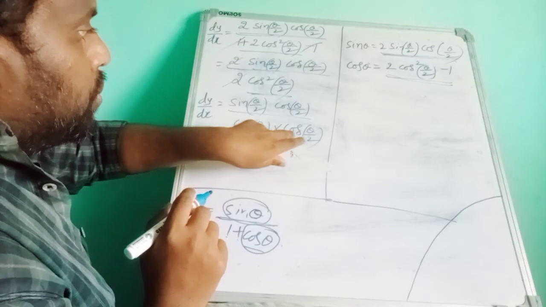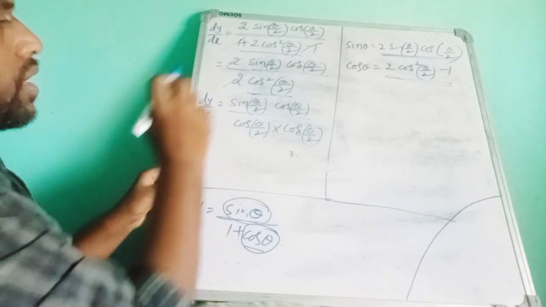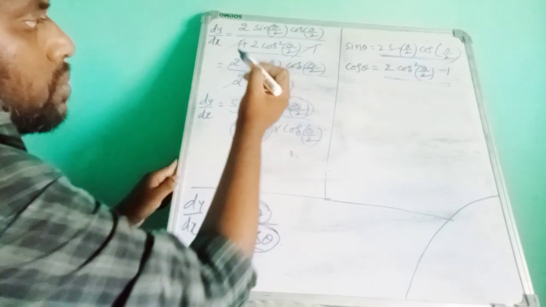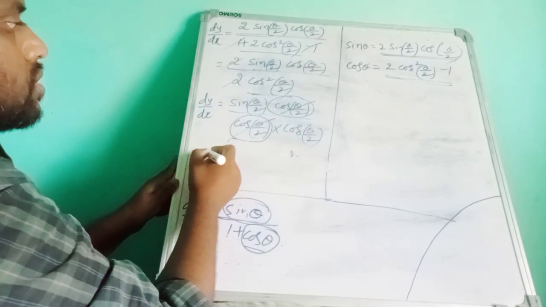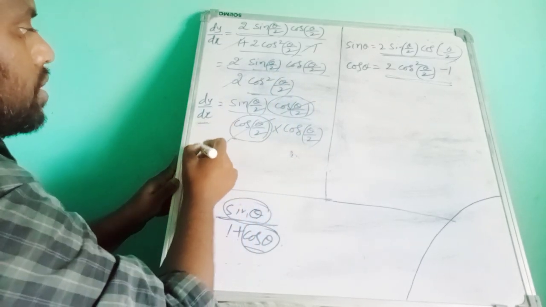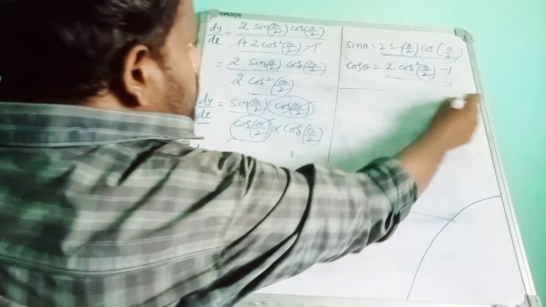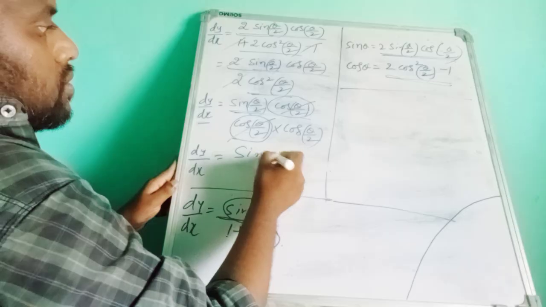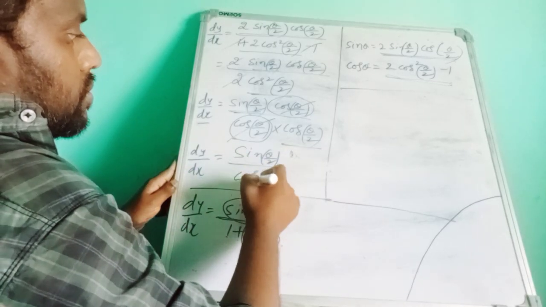Now see, here also cos theta by 2, here also cos theta by 2. Both are same, so I will cancel out. What is left? Dy by dx is equal to sin theta by 2 over cos theta by 2.